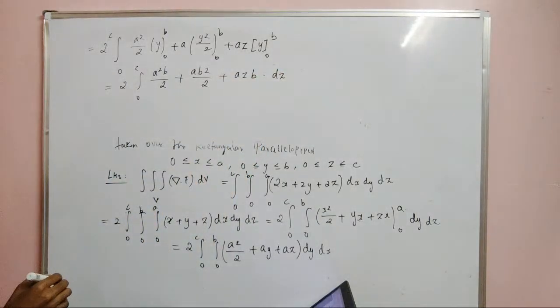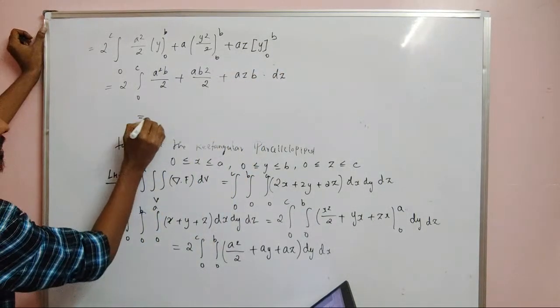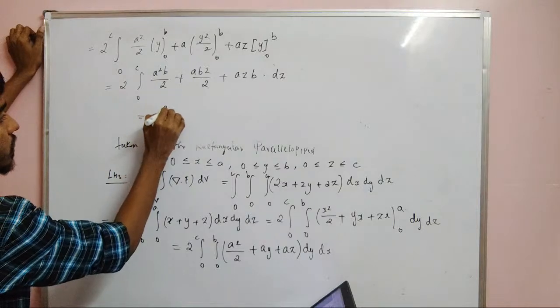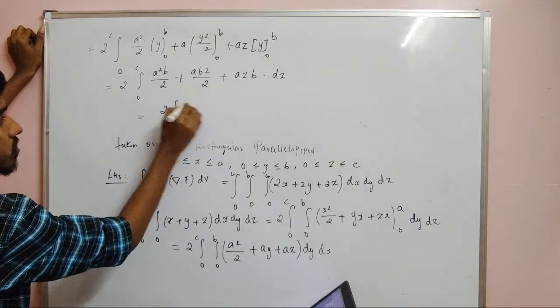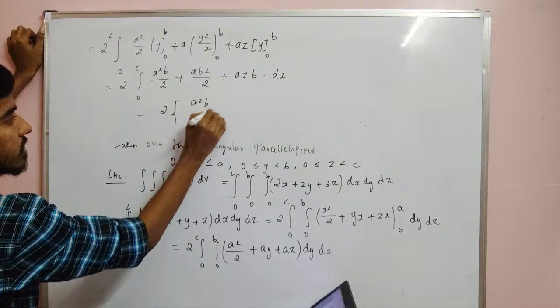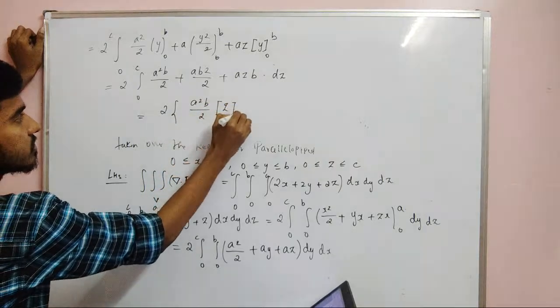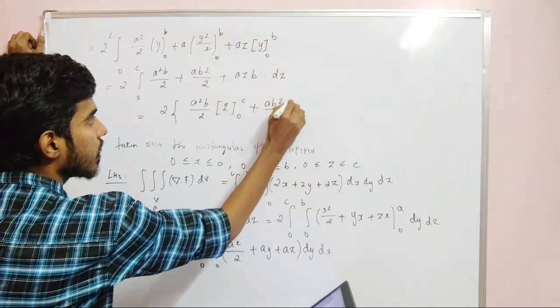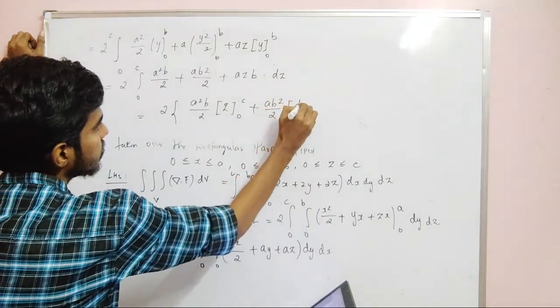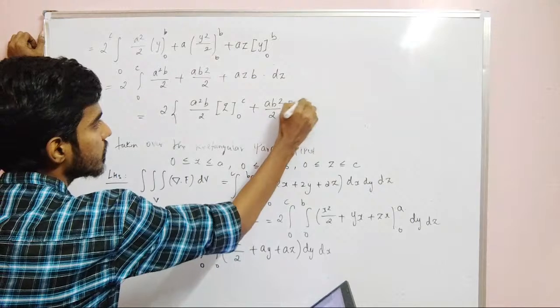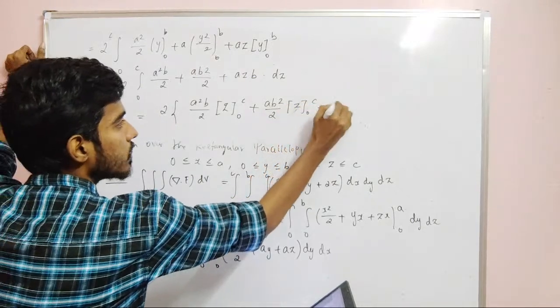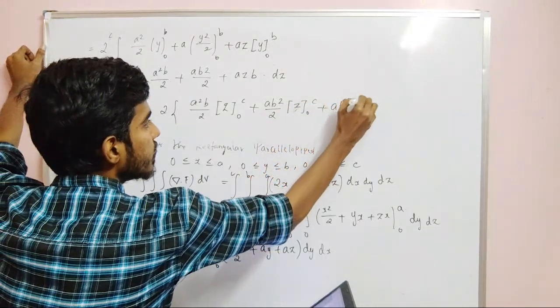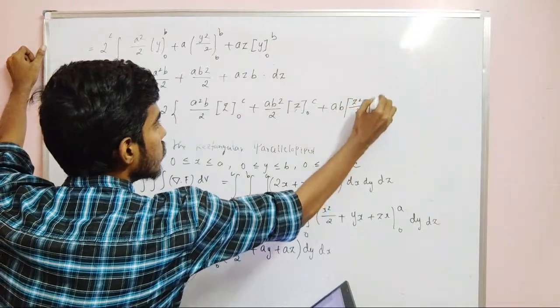Now I need to integrate with respect to z, and then I need to apply the upper limit and the lower limit. So we have 2 times, so a square b by 2 is constant, integral dz is z, the limit is from 0 to c, and ab square by 2 is constant, integral dz is z, so this will be z from 0 to c, plus ab, so this will be z square by 2 from 0 to c.